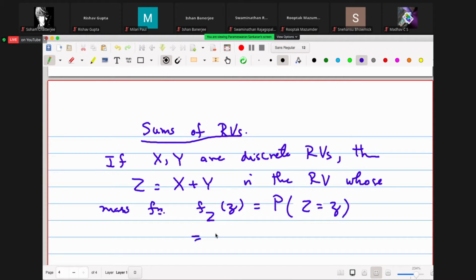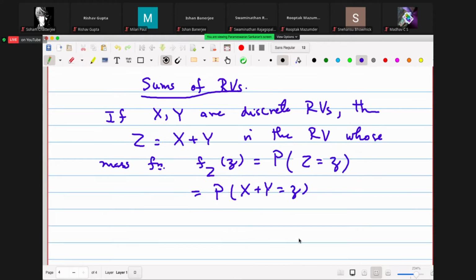It is equal to the probability that x plus y is equal to z, and that is equal to, well, you sum over x and y so that x plus y equals z.